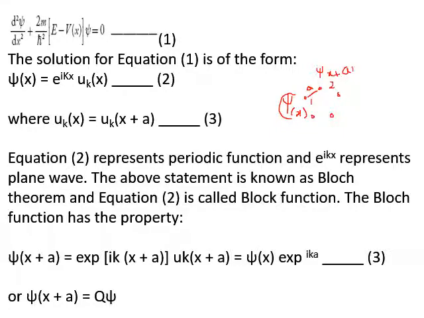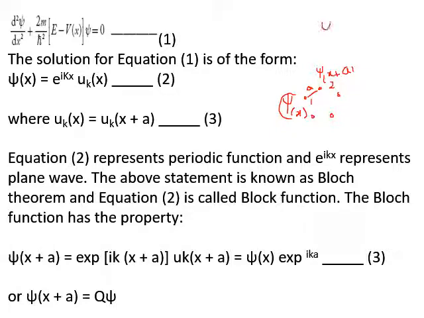Now what happened? Because whatever the potential is for one atom, the same potential is borne by the other atoms. Therefore these two functions are equal, but only if we have shifted by a when we have applied some potential.